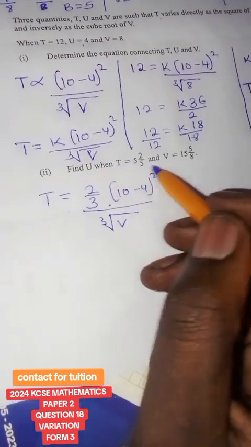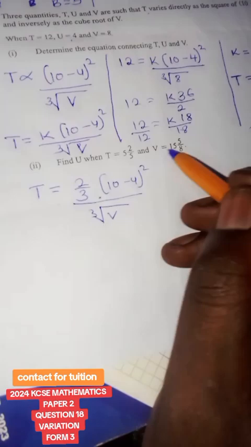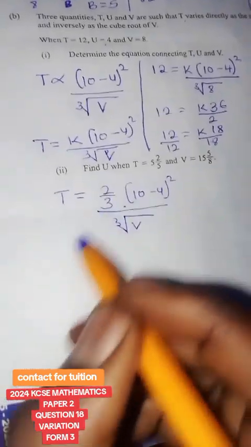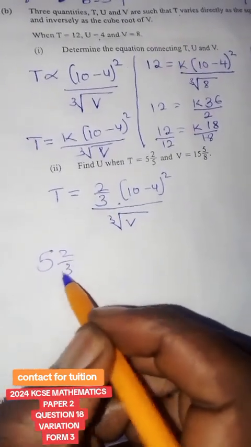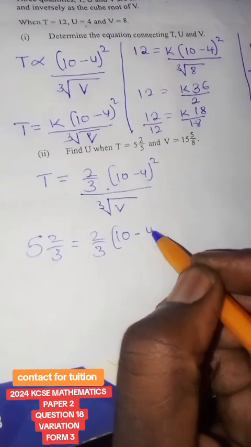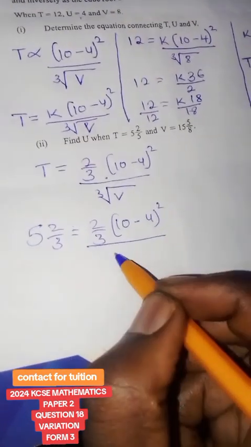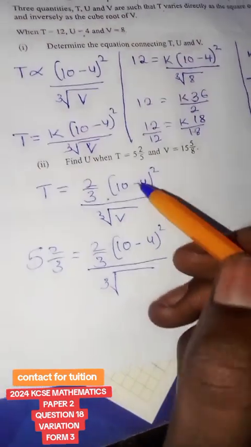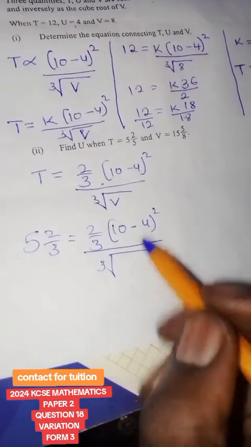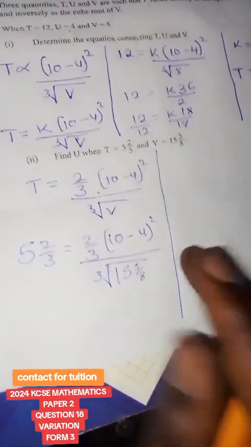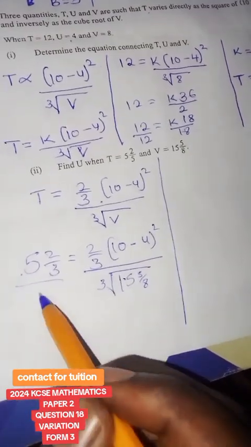So find the value of U when T is 5 and 2 over 3, V is 15 and 5 over 8. Making U the subject of the formula. So T, which is 5 and 2 over 3, is equal to 2 over 3 into 10 minus U squared over the cube root of V, and V we have 15 and 5 over 8. So we are going to cross multiply.